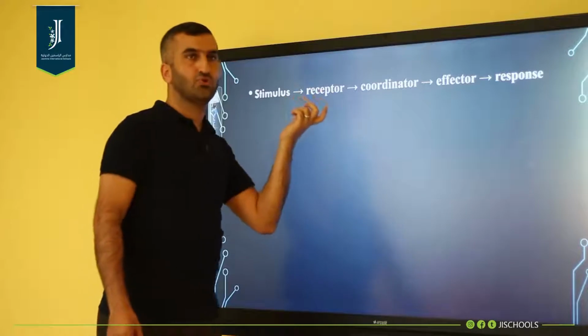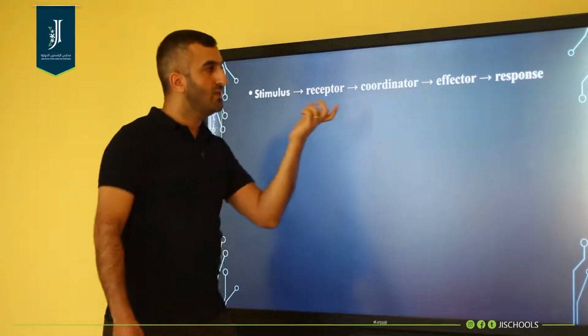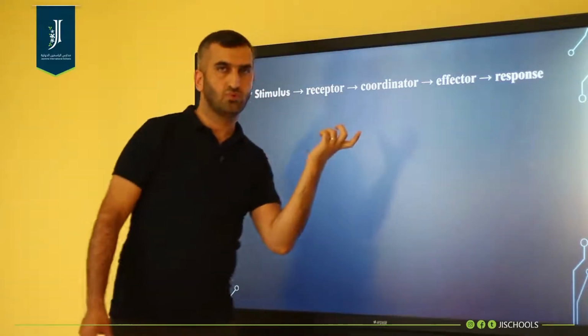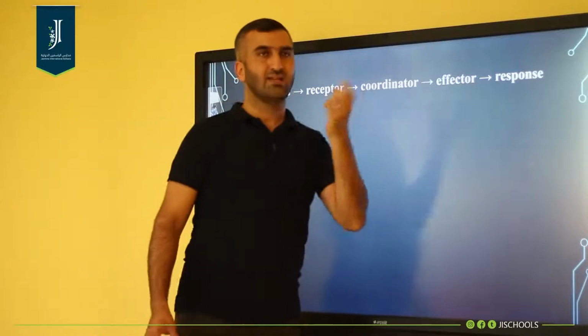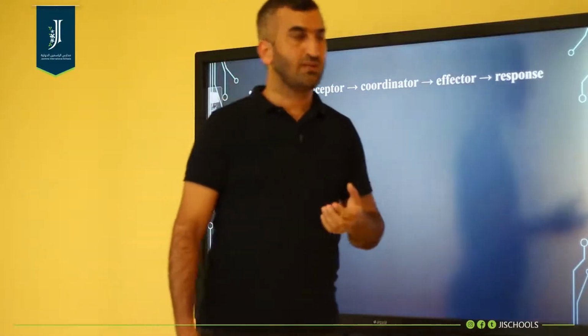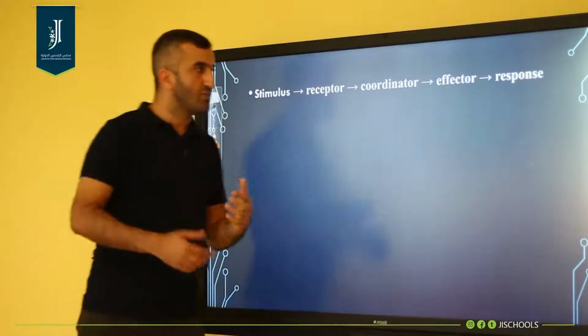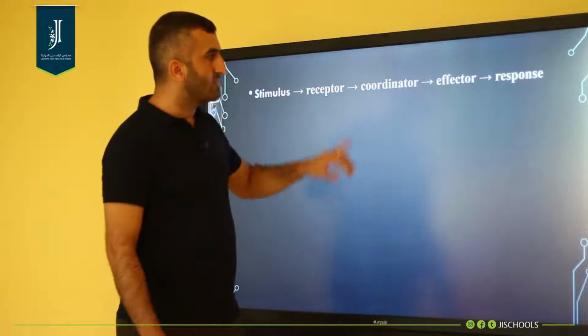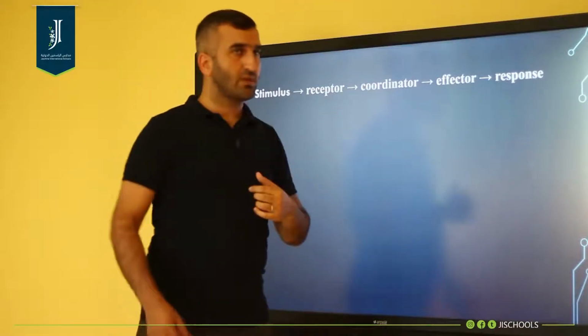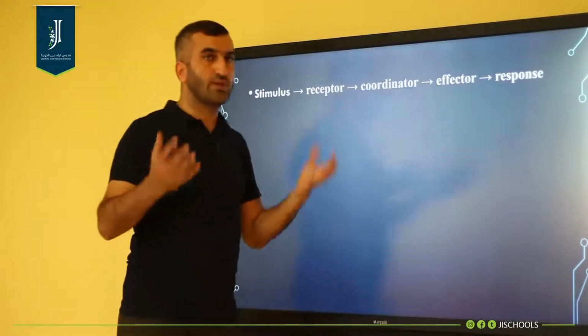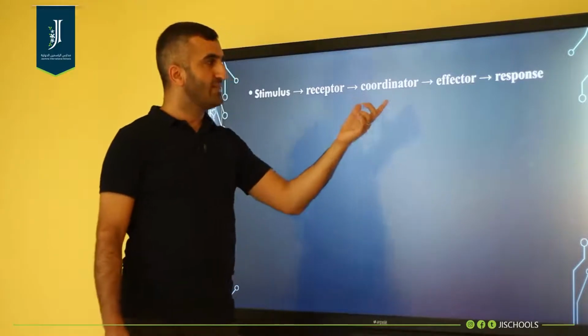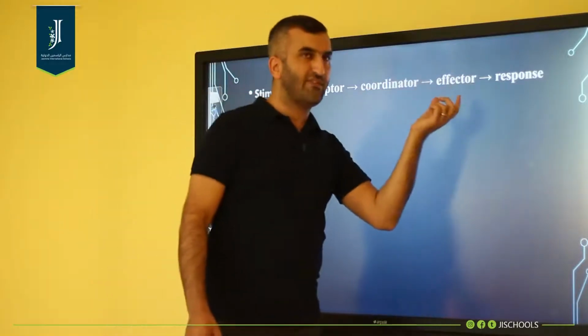Then the receptor should send a signal to the coordinator. What is the coordinator in this case? It's the brain. The brain and the spinal cord are the coordinator for this coordination response in the central nervous system. Now, the coordinator, in order to regulate the whole process, has to send signals back to an effector.